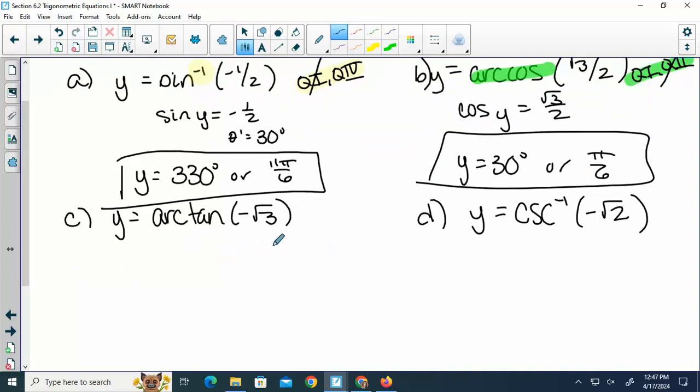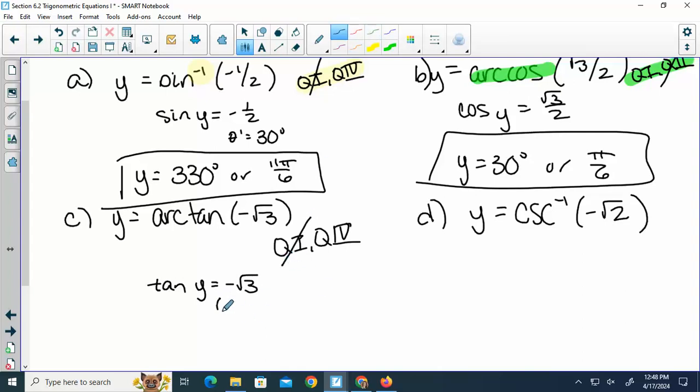Alright, C, arctan. Which quadrants? 1 and 4. So this means tangent of some angle is a negative radical 3. We're finding the angle. If it's negative, which of those quadrants are we in? 4.